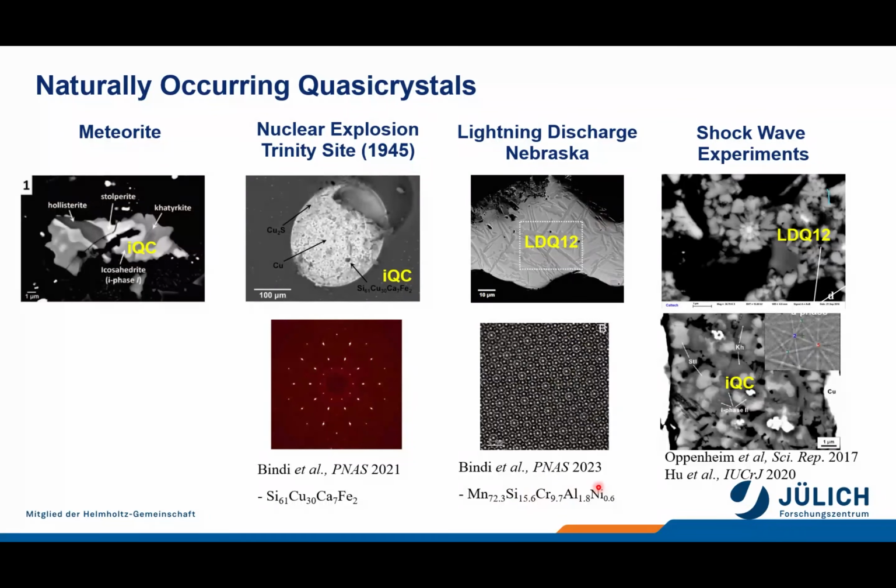And they speculated that this quasicrystal formation would be possible by high pressure. So they did shockwave experiments and found that indeed you get those khatyrkite phases and icosahedral quasicrystal. So this is remarkable because this story of high pressure and packing things together is something that quasicrystals make possible.